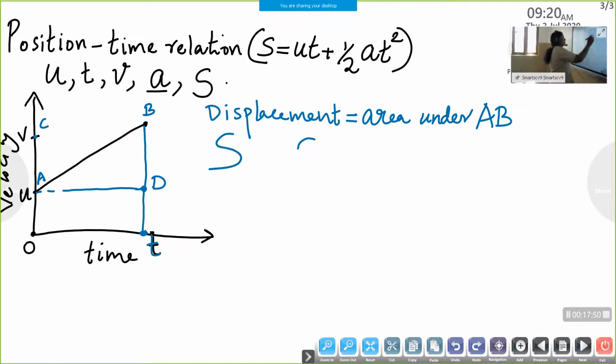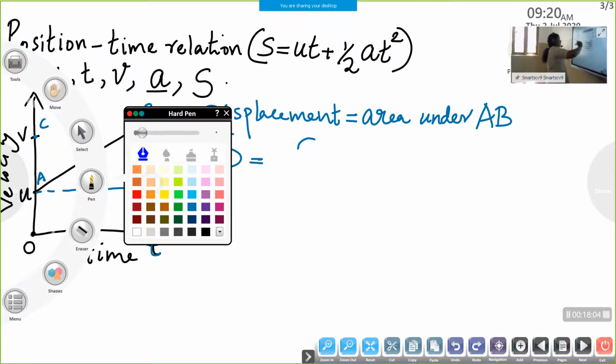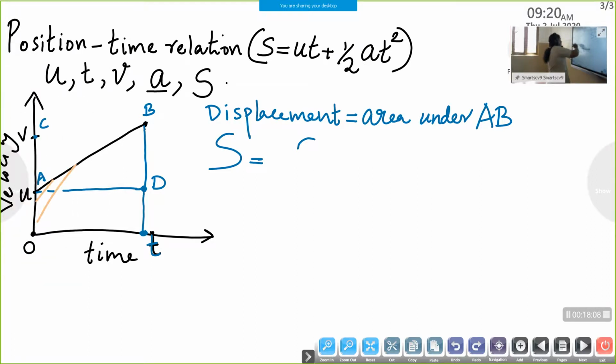So, here the displacement S is equal to the area under the graph. What is the area under this graph? Yes, the total area you need to take. This is the area under the graph, total area.